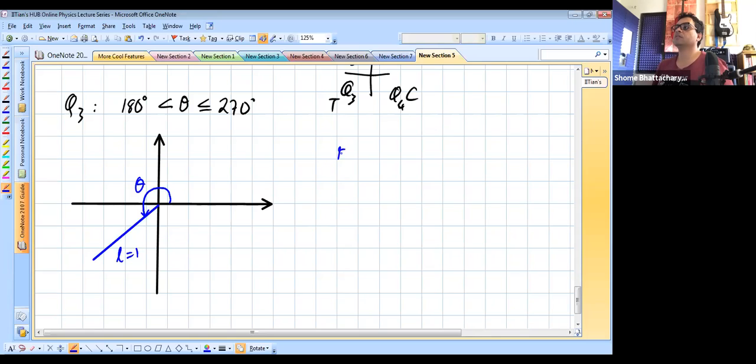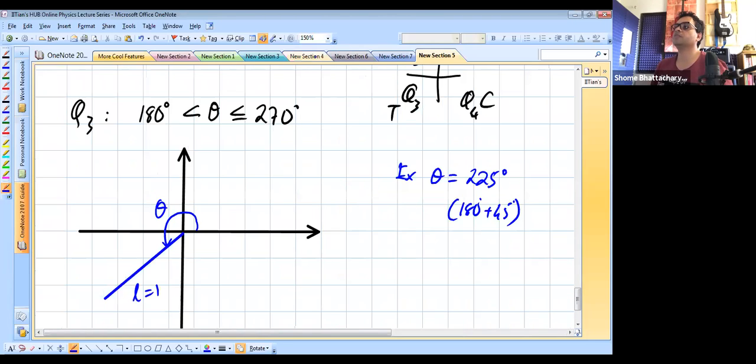So for example, suppose theta is, let us say, 225 degrees. So basically it is 180 plus 45. Think of it like this. So this is how this would look like. Now in this diagram, first of all, let us understand how the projections would be looking and how we can simplify it further.